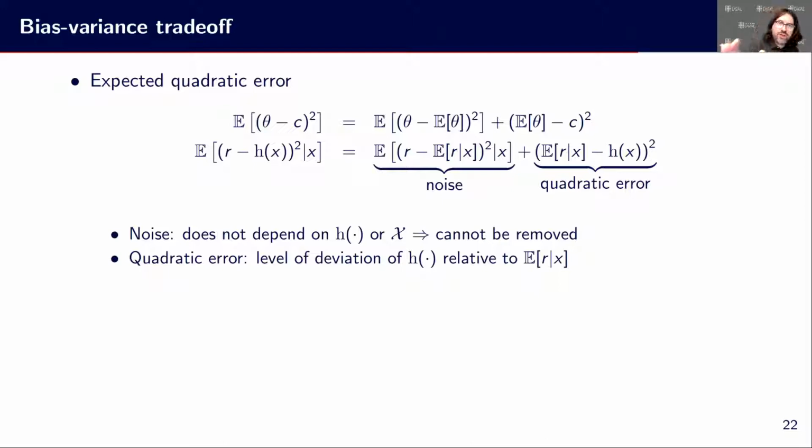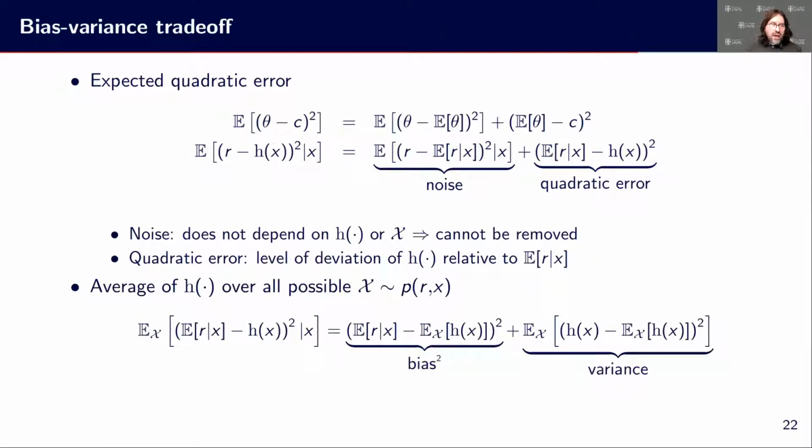For a given X, we expect a given R. There's not really a specific R; this is the expectation of R that we are looking for. That's why we formulate it that way. We compare this with the prediction that we are making, and we want to minimize this. We want H to be as close as possible to what we expect as the R value here.